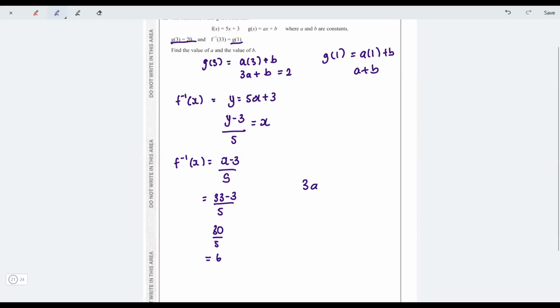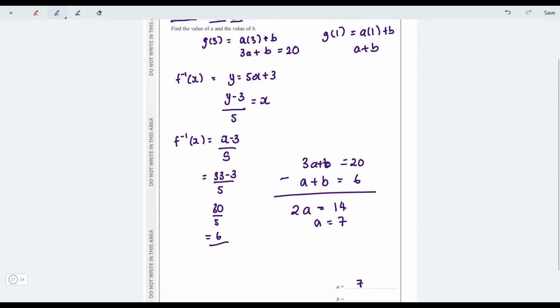So I've got 3a add b equals 20. The next function, f of 33 equals g of 1. So a add b equals 6, because f of 33 is 6. Right, take those away. 2a equals 14, a equals 7.